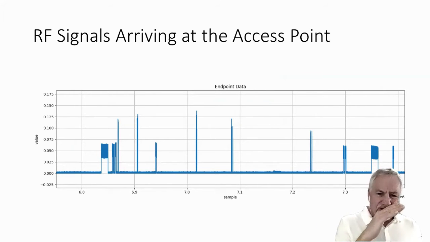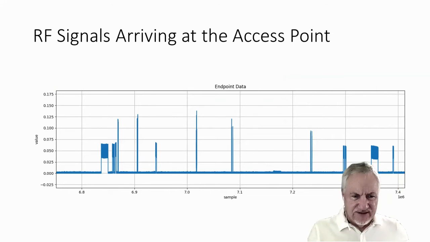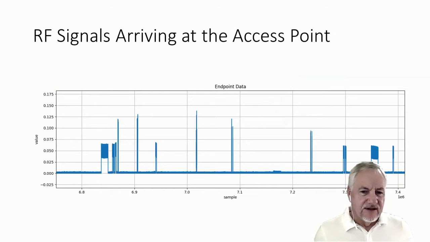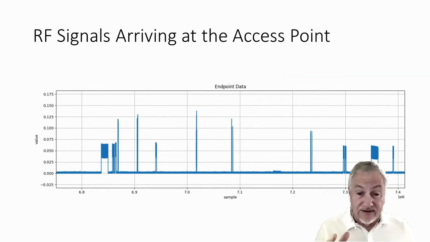So I'm going to talk to you today about a very specific angle of this kind of technology, because it might be useful in other applications where people are dealing with the frequency domain data of wireless signals.